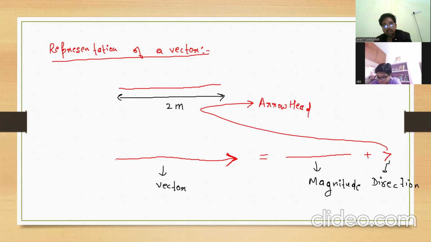So this is the tail, this is the last end. This is the head. And the length of the vector will give the magnitude. So the arrowhead will give the direction.